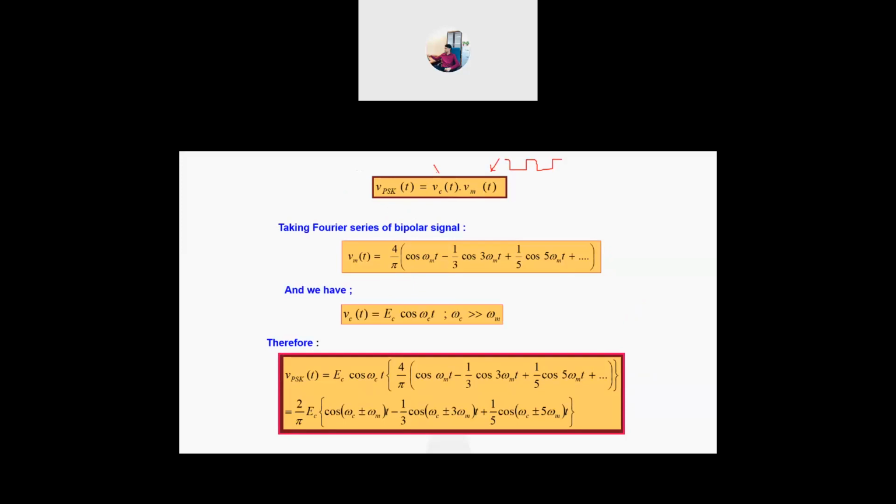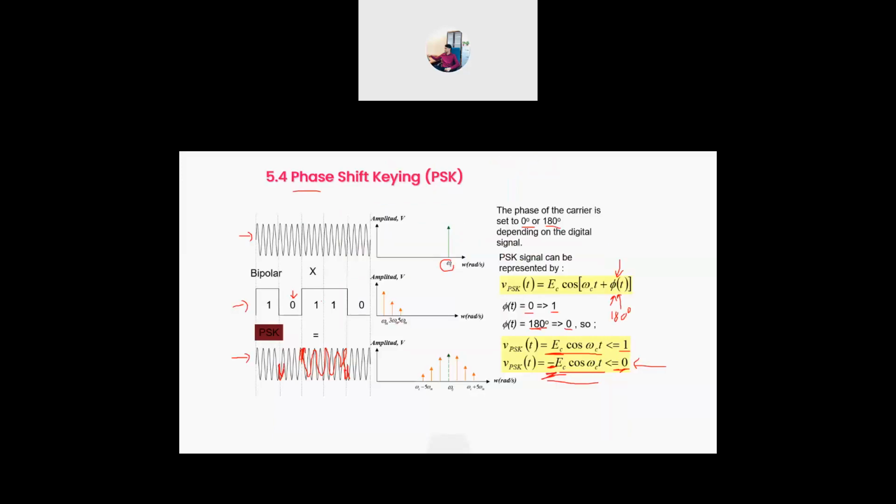And VCT is our carrier, which is higher frequency than our information. Taking the Fourier series of a bipolar signal, as I told you last time, bipolar means we're going to have a positive and negative value. Okay, bipolar.